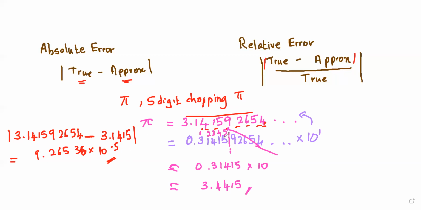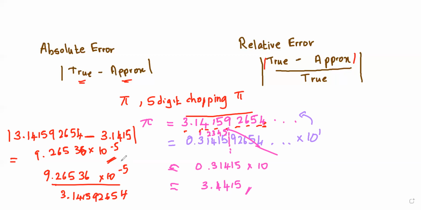Likewise, I'm going to find the relative error in terms of the true value. We have found the value of true minus approximate, which is 9.2653 times 10 to the power of minus 5. We need to divide it by the true value, 3.141592654.